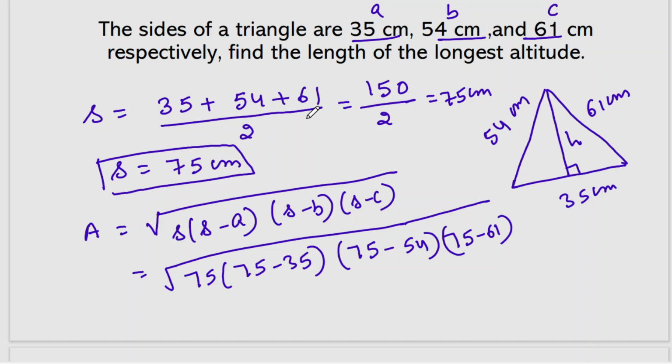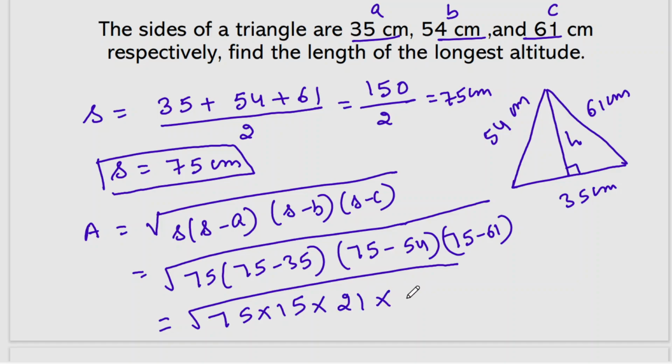What if we have added it wrong? See, 61 plus 54, that is your 115, and 115 plus 35, that is 150, yes, it's okay. Now solve this. So 75 into 40 into 21 into 14.